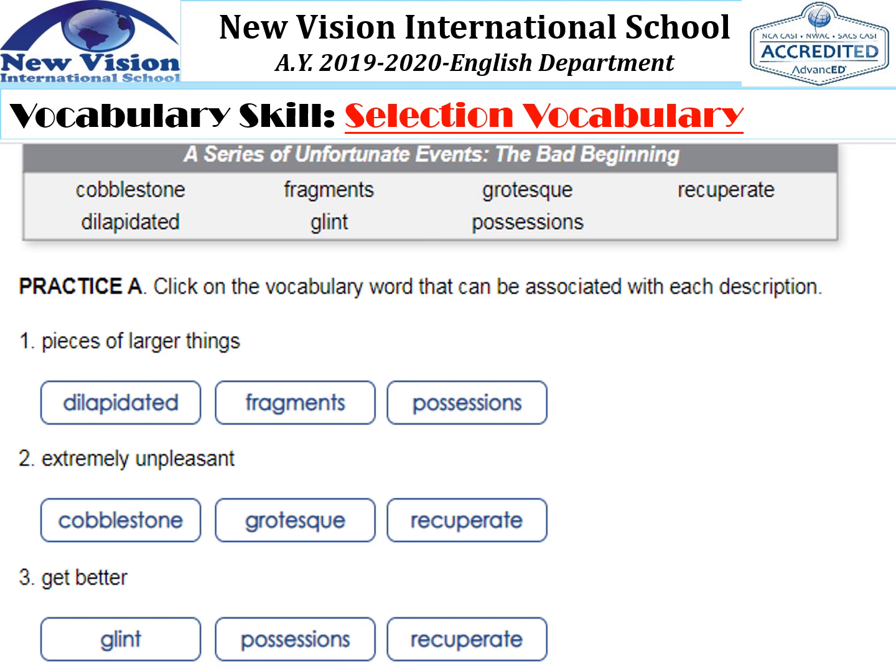So you are going to select the vocabulary word that can be associated with each description below. Are you ready? Let's do it. For the first one, pieces of larger things. I repeat, pieces of larger things. What is the appropriate vocabulary for that? Is it dilapidated, fragments, or possessions? Great. That's fragments. Circle it.